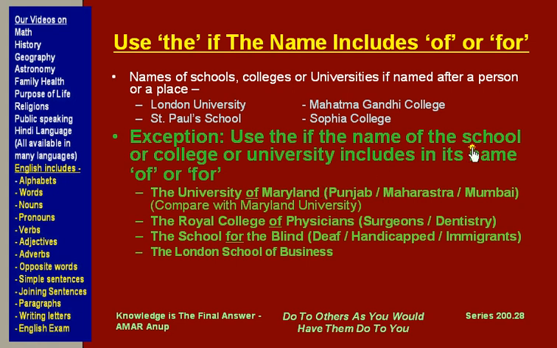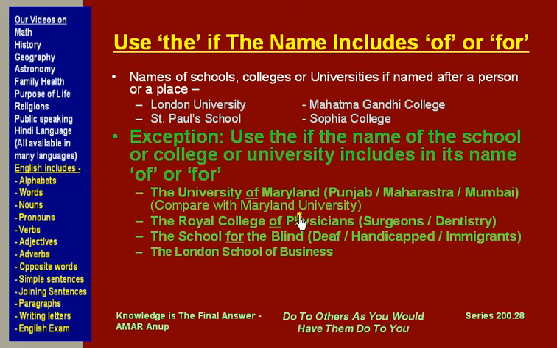If the name of the school, college or university includes in its name of or for, then we use the. Here is an example. The University of Maryland. When we were talking Maryland University, there is no the, because that university is named after Maryland, which is a place.